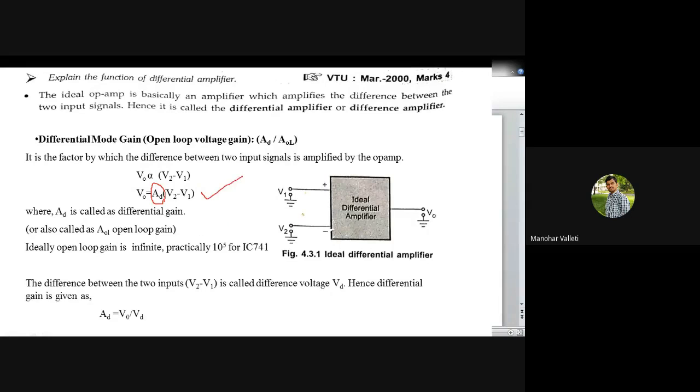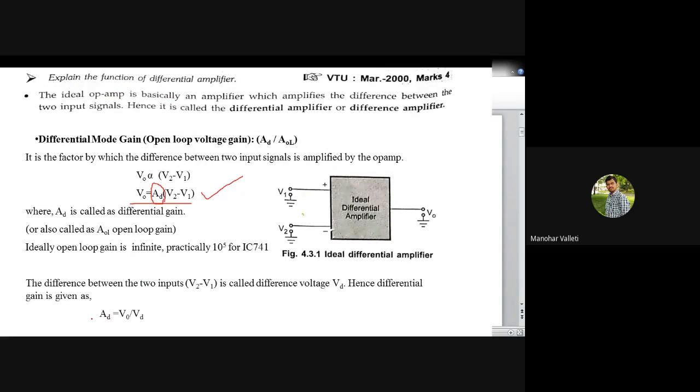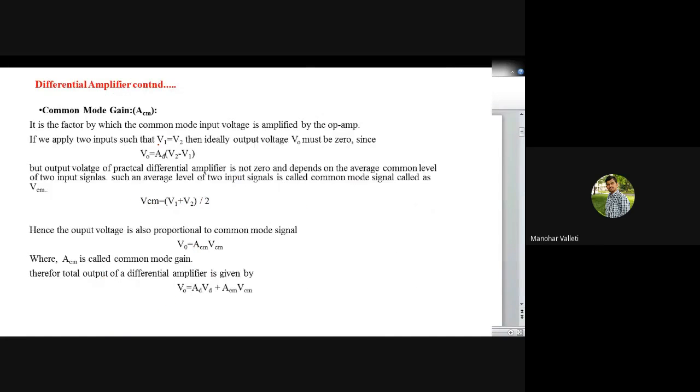So ideally the output of the differential amplifier follows this equation, AD equal to V naught by VD, and from this you get V naught equal to AD into (V2 minus V1). But practically, if you apply the same input to both the inverting and non-inverting inputs, this difference becomes 0, so the output should become 0 volts.